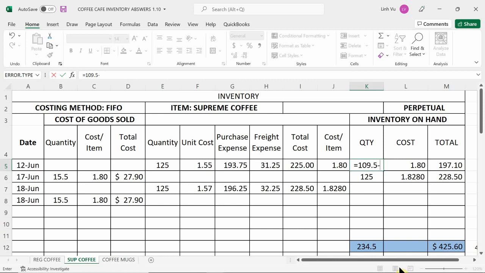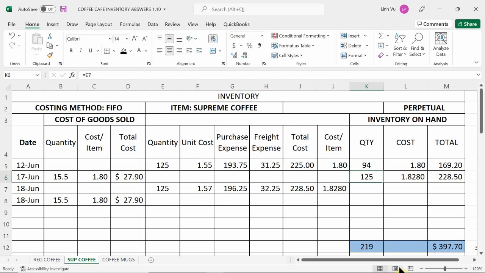I used 15.5. So I'm at 197.10 minus another 27.90, which should give you 169.20. But if you add that together with the second batch of inventory, you should have a grand total of 397.70.